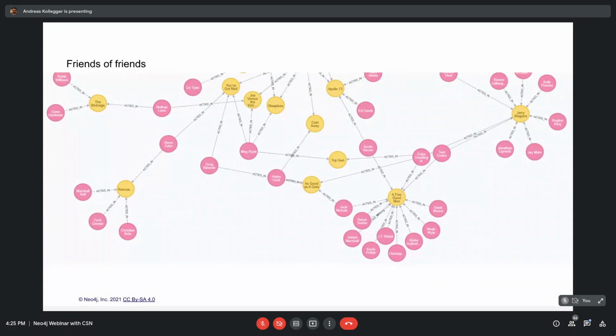For instance, Meg Ryan and Greg Kinnear, there, both acted in You've Got Mail. So we know that they are co-actors. Even though that isn't a direct relationship within this graph, it's an emergent relationship that we can calculate within the graph and then also do reasoning based on.